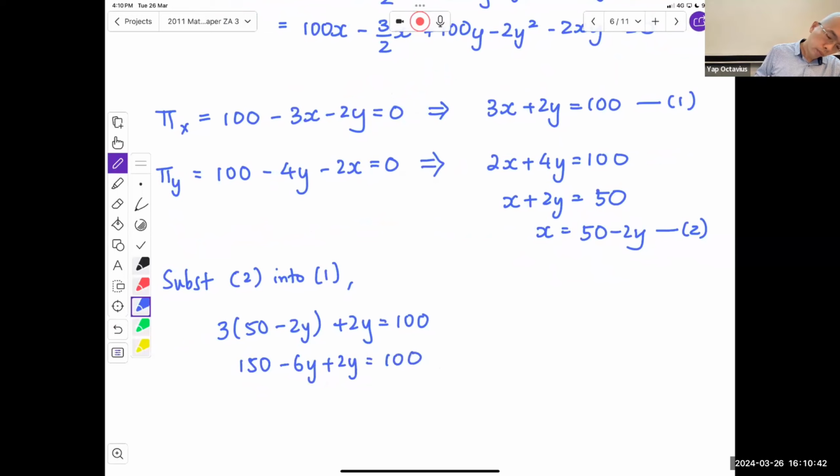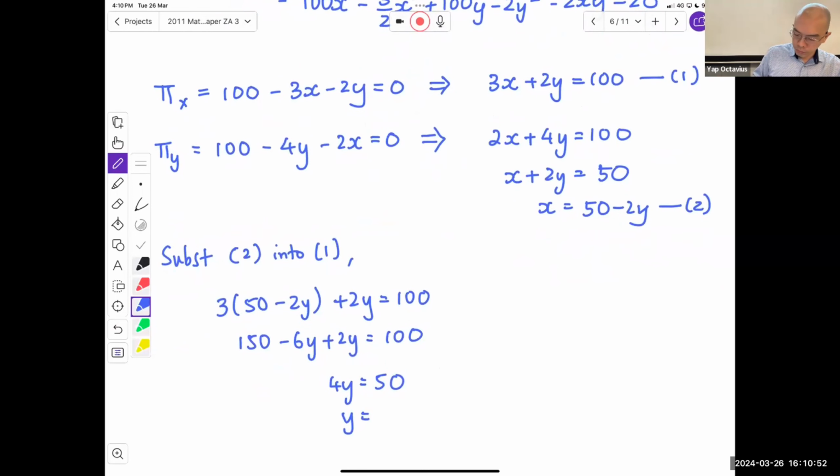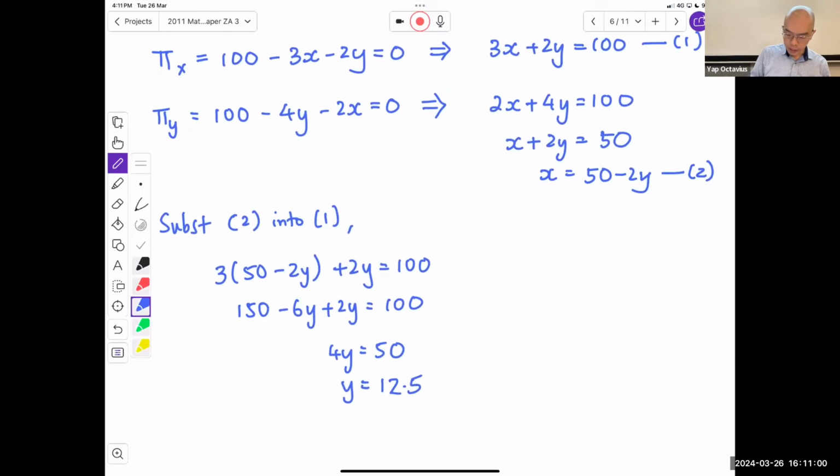So this one is 12.5, or you can put 25 over 2. And your x, so substitute back to here. You get 25. Okay, so we found the x and y.